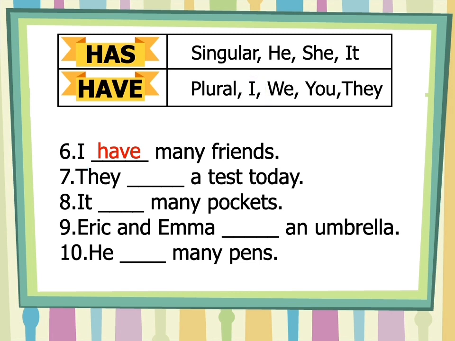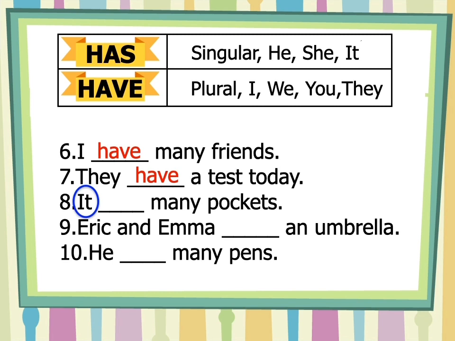Next is, they dash a test today. In this sentence we can see the word, they. So with, they, we will use, have. They have a test today. Next sentence is, it dash many pockets. In this sentence we can see the word, it.